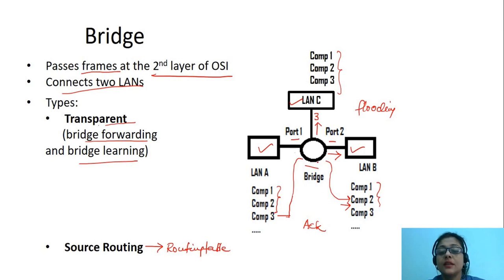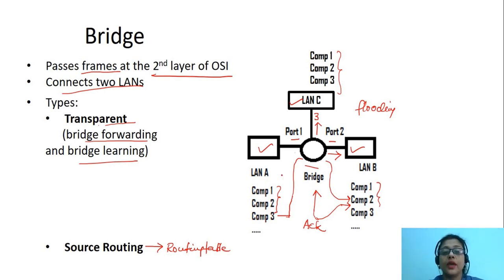So, it sends that acknowledgement packet to the bridge. It goes from LAN B to the bridge. Now, when bridge finds the acknowledgement packet from computer 2 of LAN B, it sees that it is coming from port 2 and it is addressed to computer 3 of LAN A. So again it floods the packet to LAN C and LAN A, but LAN C rejects it and LAN A accepts it and it goes to computer 3.